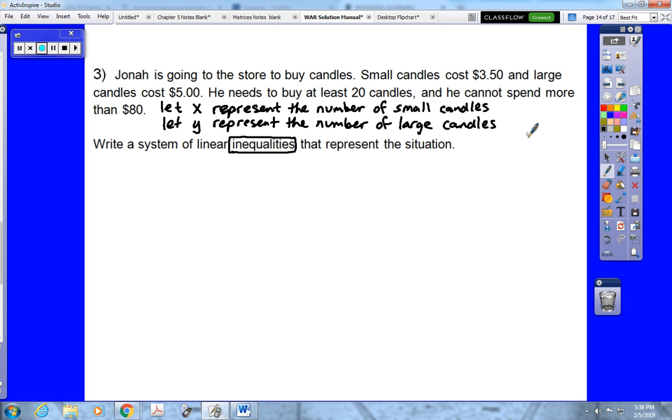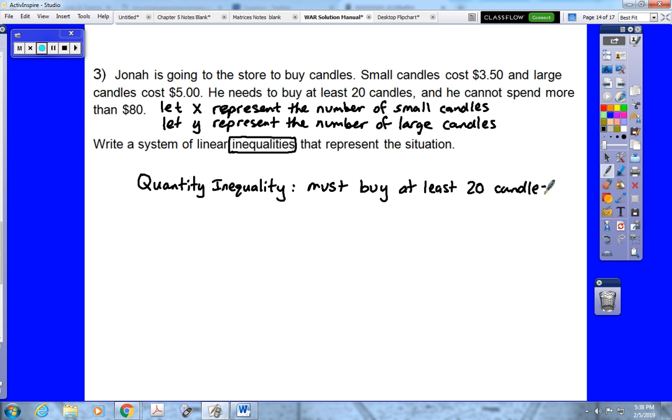So we have two equations we can write. We have a quantity equation, or inequality, which is based on must buy at least 20 candles, that section of the word problem.